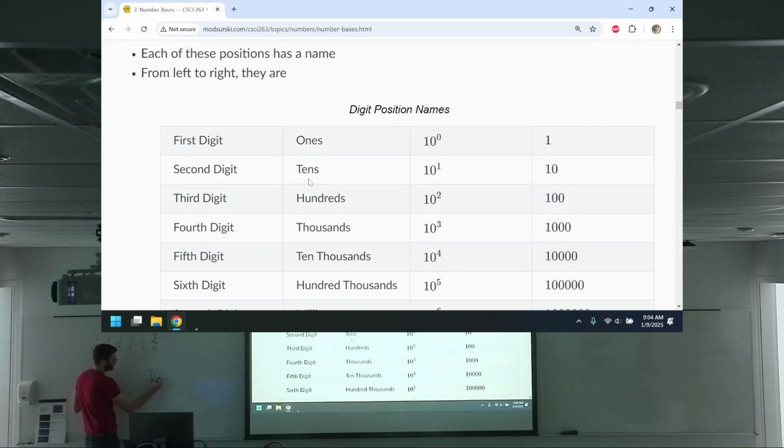It's 2 times 10 to the 0. Let's do 1, 2, 3, 4, 5, 6. A 6 here means 6 times 10 to the power of 0, because I have 6 ones.